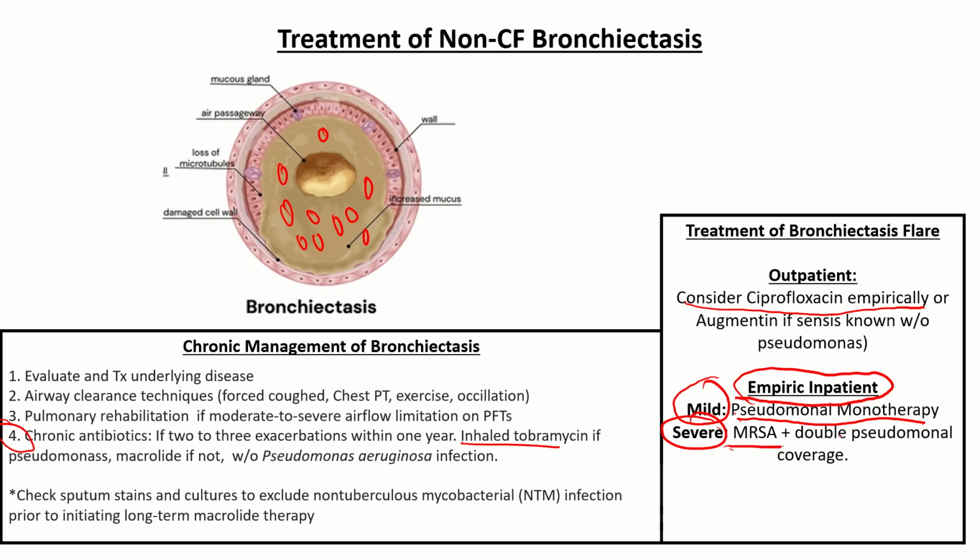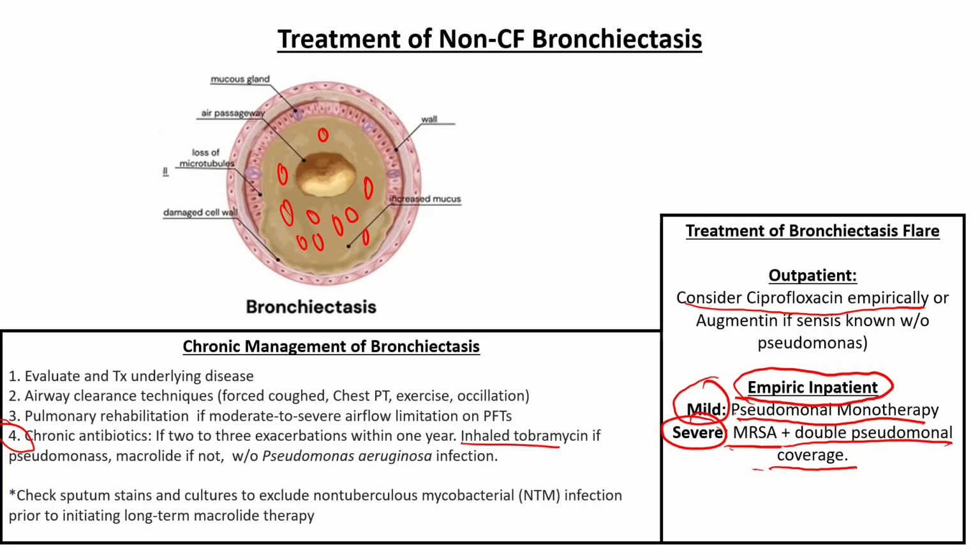You want to cover MRSA, and you also want to do double pseudomonal coverage, something like cefepime plus ciprofloxacin, just in case the specific Pseudomonas pathogen in their lungs is resistant to one of the therapies you pick. Honestly, look at all their old sputum cultures if you ever think about empiric inpatient management, and treat for whatever the most resistant one is.